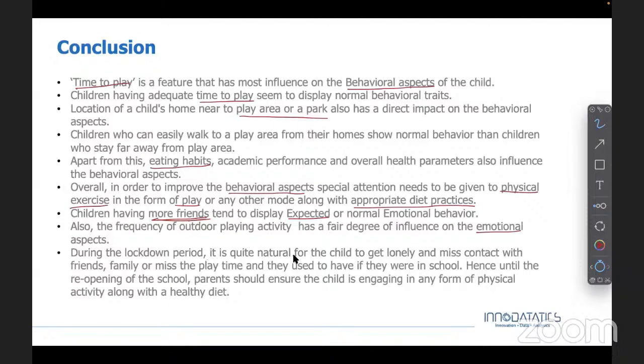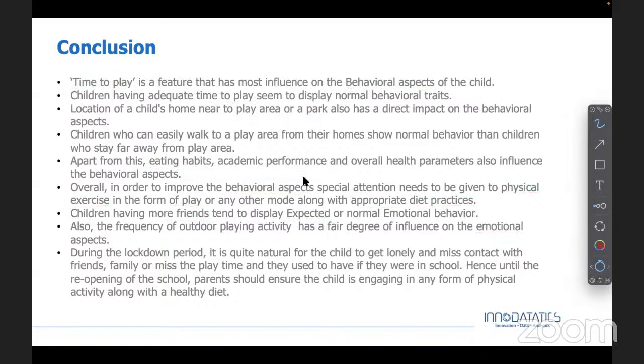During the lockdown period, it was quite natural for the kids, because they got lonely, they missed their friends, they missed the playtime and all that. So any other way that the parents can engage with the kid would actually be very beneficial.